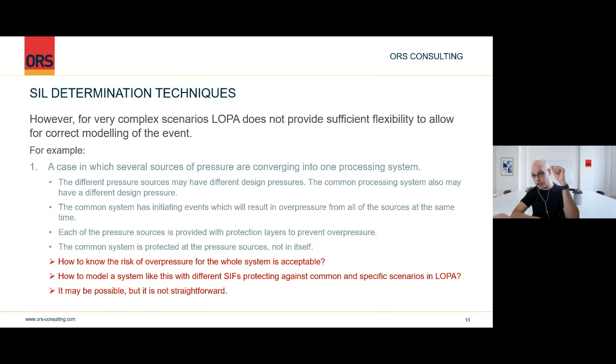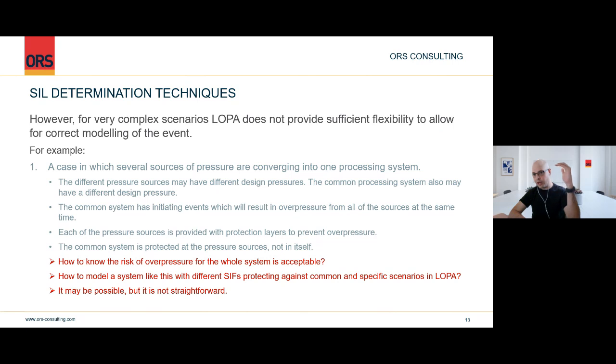You sense high pressure in each of the wells and you close each of the wells, right? So at some point you have to calculate the probability of any of these failing when you have a common closure in the system. How do you know that the risk of overpressure for the whole system is acceptable?